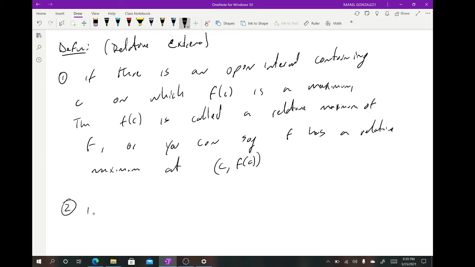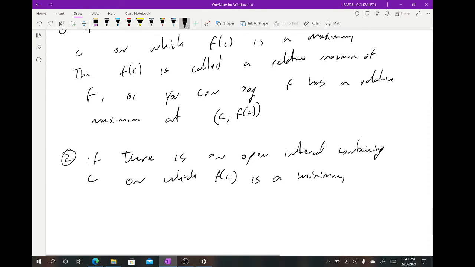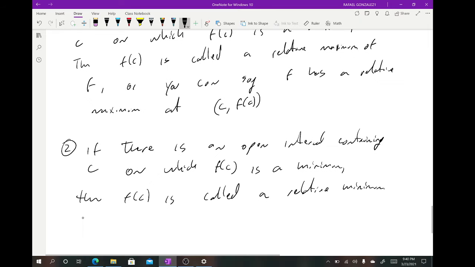Okay. Similarly, if there is an open interval containing C on which f of C is a minimum, then f of C is called a relative minimum of f.